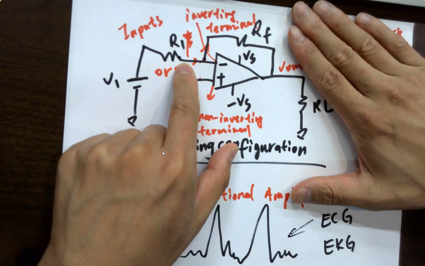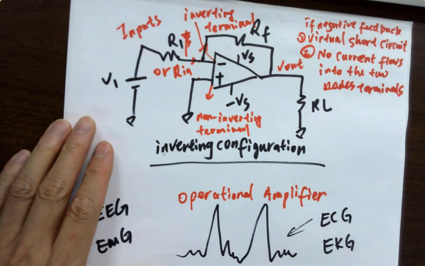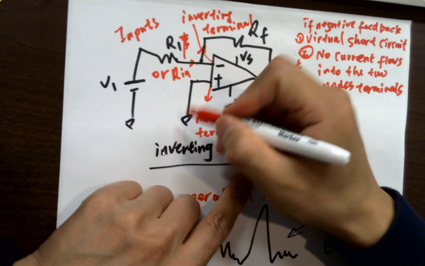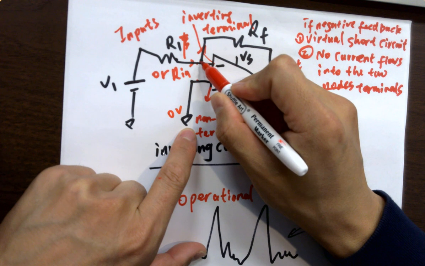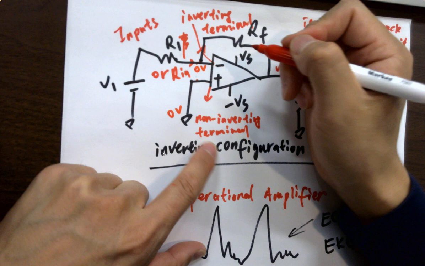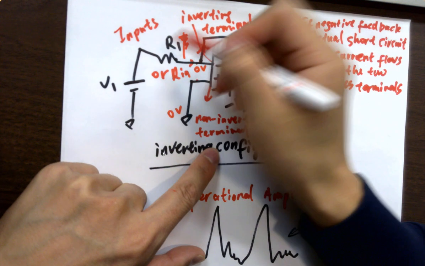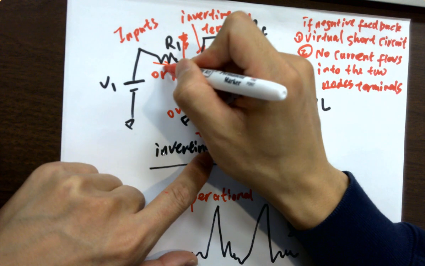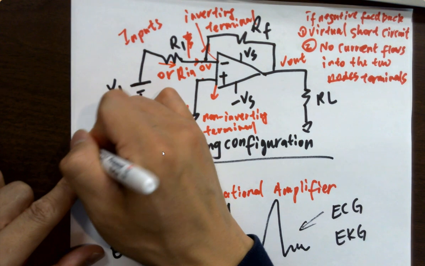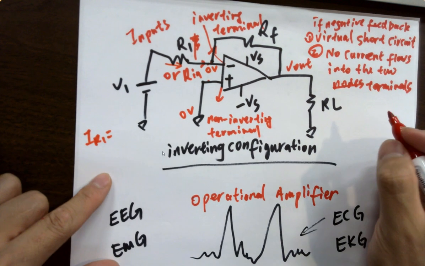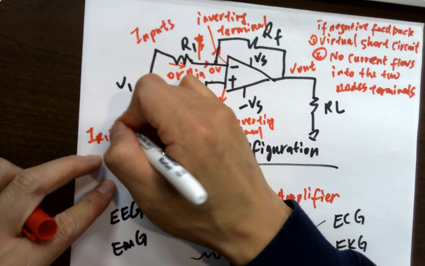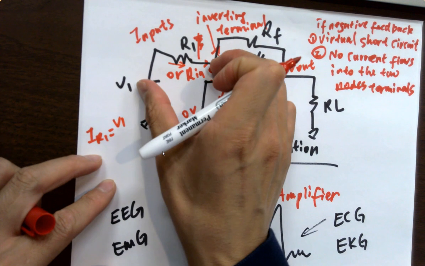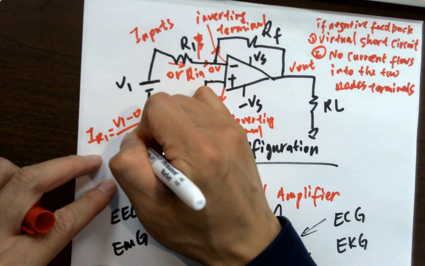Is there current here? Why? If the voltage here is ground, 0 volts, right? What's the voltage here? 0. They are equal. So what is the current flowing through R1? I_R1 is what? V1 minus 0 over R1.